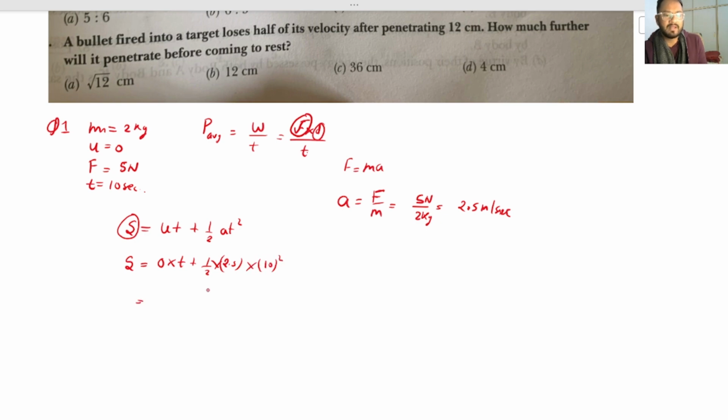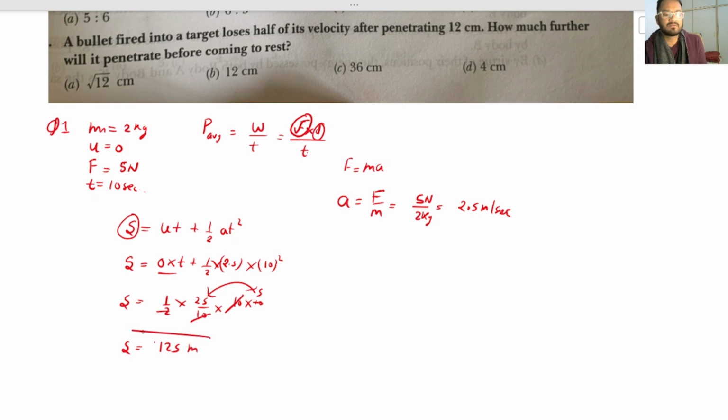So the first term will become 0. So 1 by 2 into 25 upon 10 into 10 into 10. 10 and 10 are cancelled. So 2 times 5, 25 into 5, that is 125, equal to S, correct?